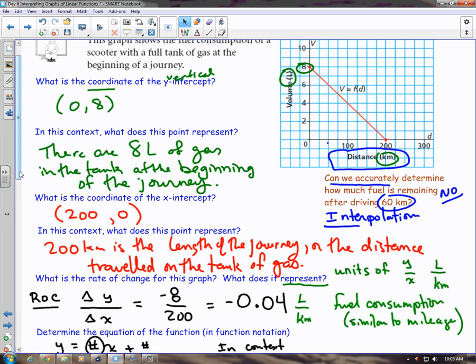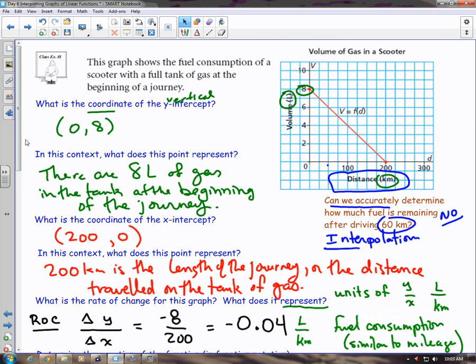Throughout the rest of this course, we'll learn a few more things about the graphing calculator, so that when you start 20-1 or 20-2, you're going to be using your graphing calculator a lot more. So that's a first example of interpreting graphs of linear functions, this particular linear function.